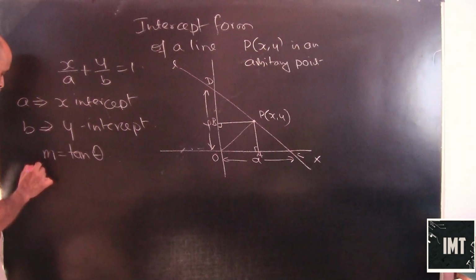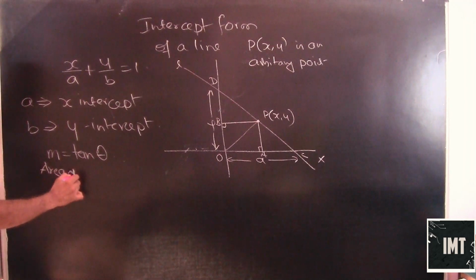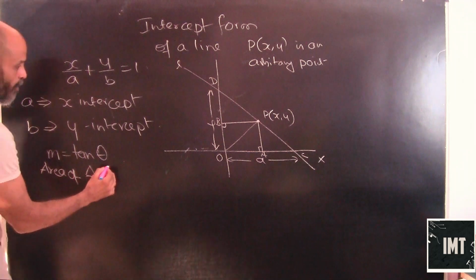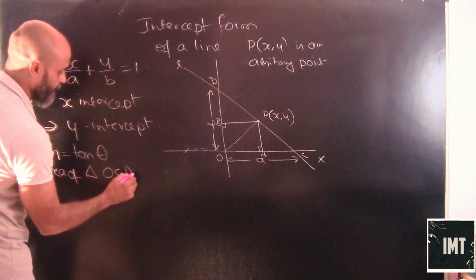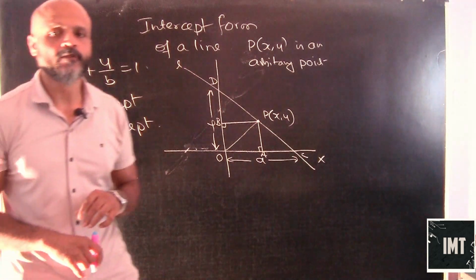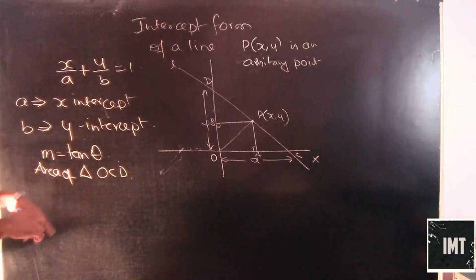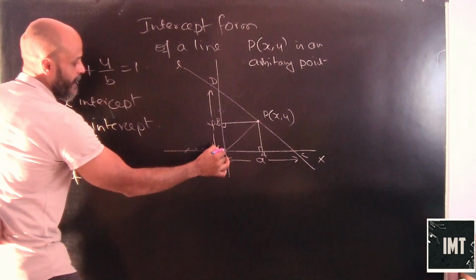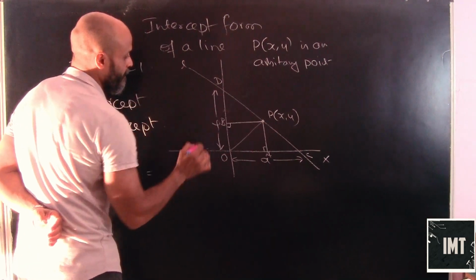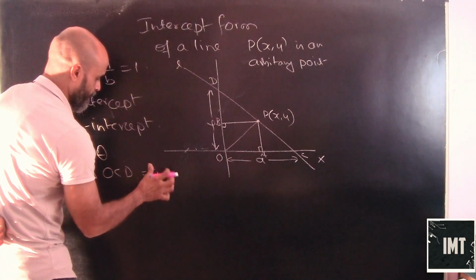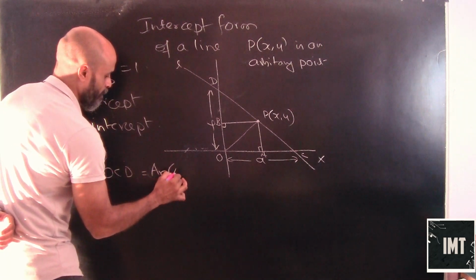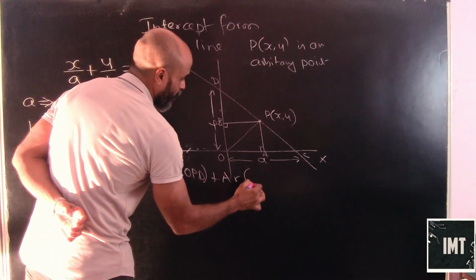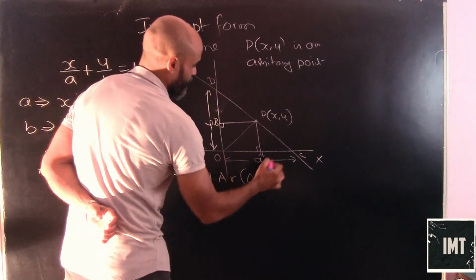Now, area of triangle OCD. What will this triangle's area be? Area of triangle OCD will be equal to area of triangle OPD plus area of triangle OPC.